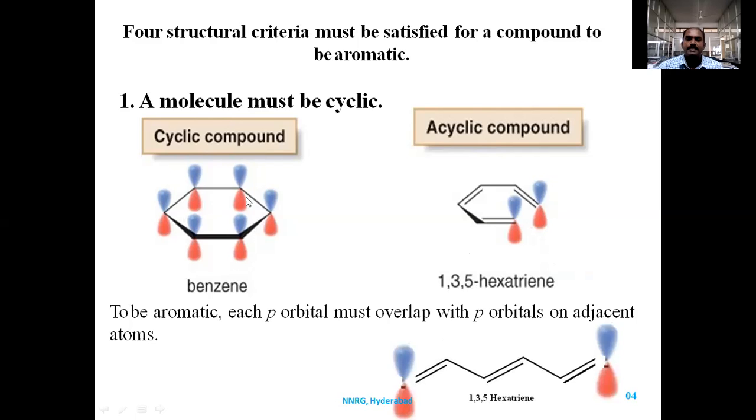Why? Because it is a cyclic molecule and there is effective interaction of p orbitals. To be aromatic, each p orbital must overlap with the adjacent p orbitals. So 1,3,5-hexatriene is not aromatic in nature.